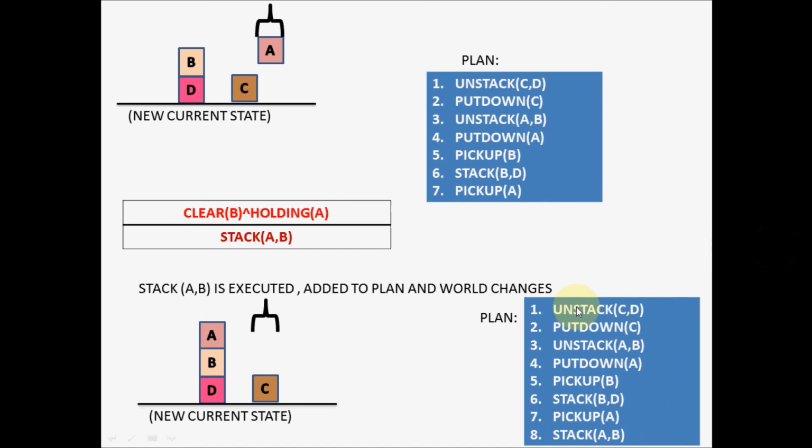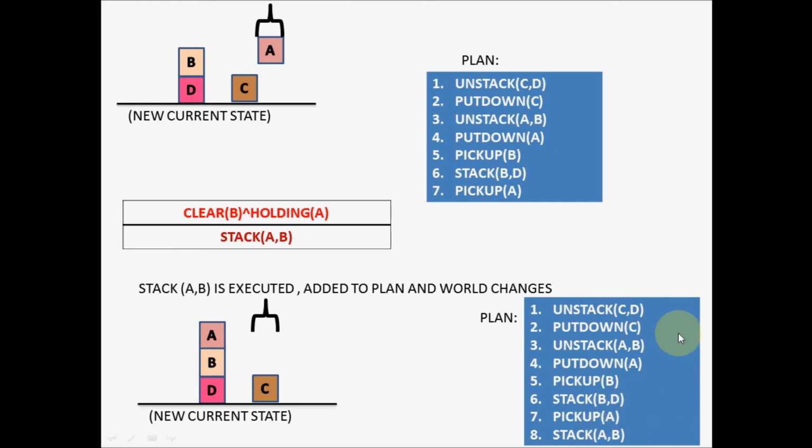Now what is this plan? If you now sit with pen and paper, start with the initial state which I had given you and follow these actions one after the other, once you execute each of these actions in this particular sequence, you are going to reach from the initial state to the goal state in these 8 steps.